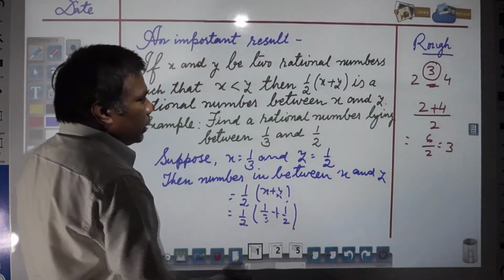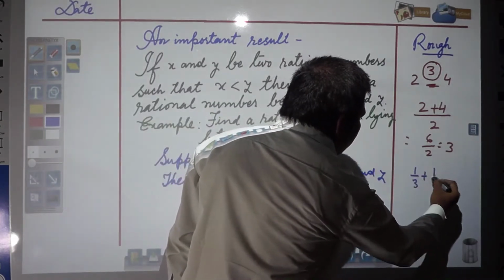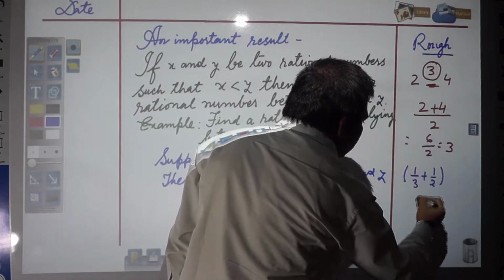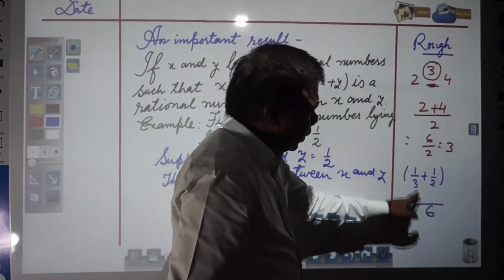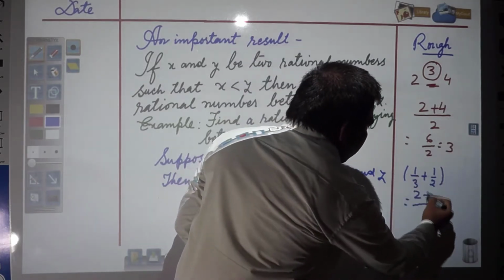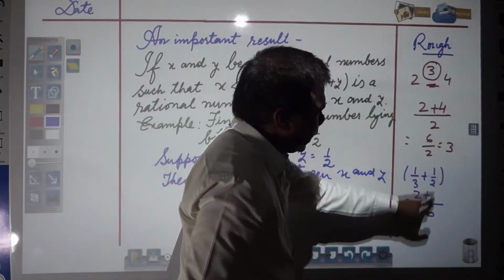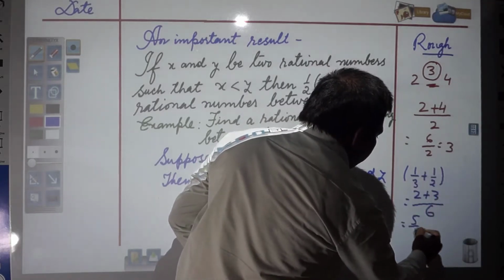Now you simplify this. 1 by 3 plus 1 by 2. The LCM is 6. 3 2s are 6 and 2 1s are 2, plus 2 3s are 6 and 3 1s are 3. So you will get 5 by 6.